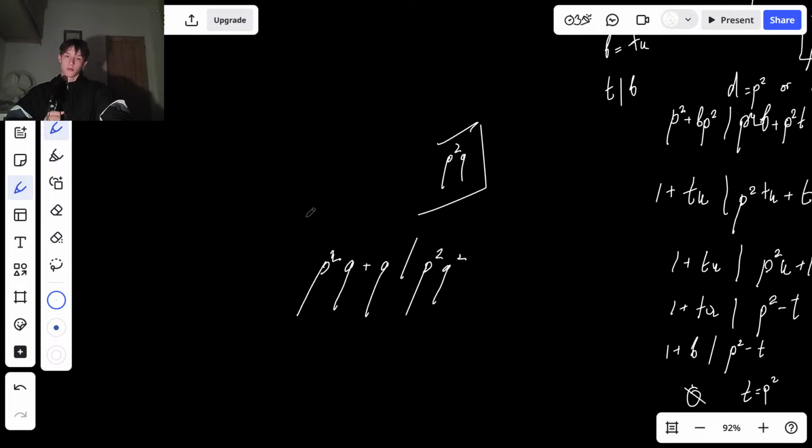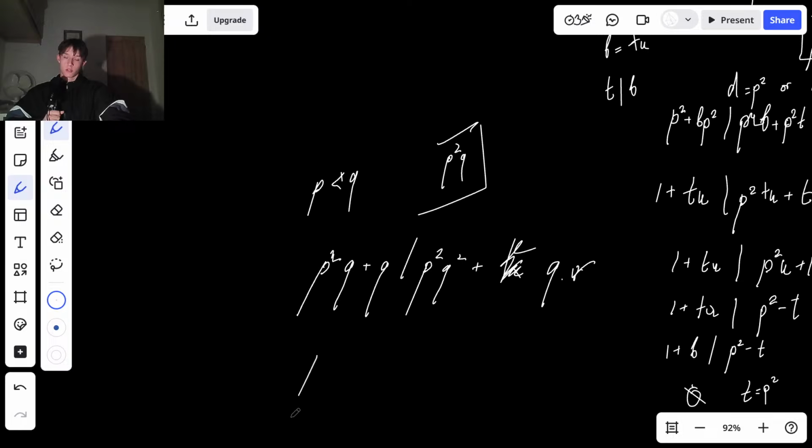So p is less than q. Plus some factor, k. It should be divisible by q, so let's just say q times r.